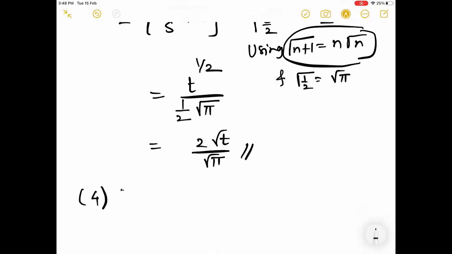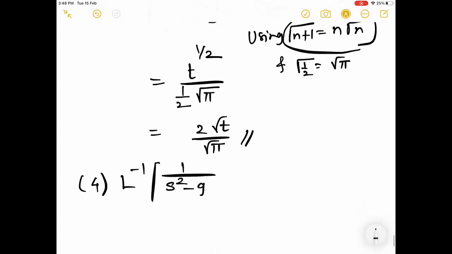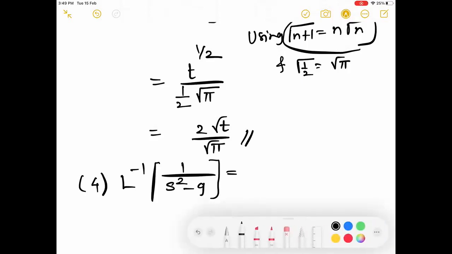Find the inverse of 1 upon s square minus 9. Just take this one, s square minus 9. Similar to which formula is it? Just see carefully.